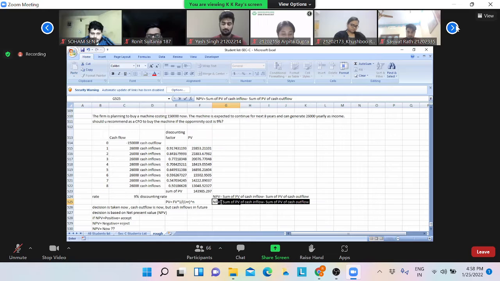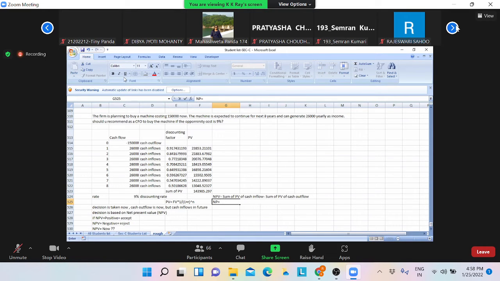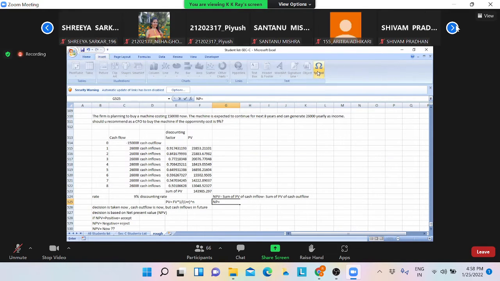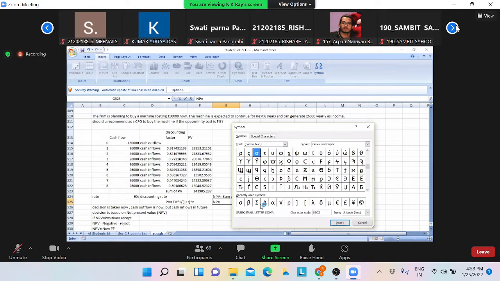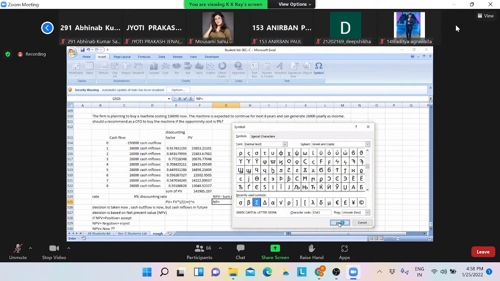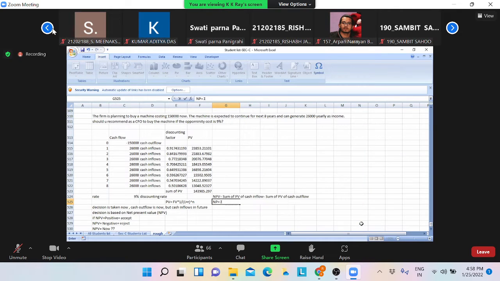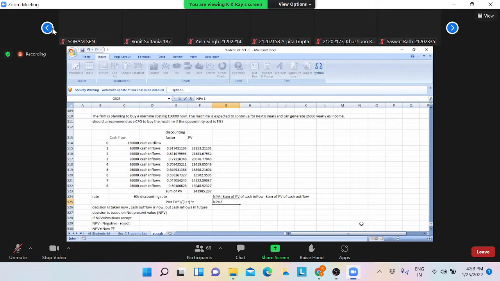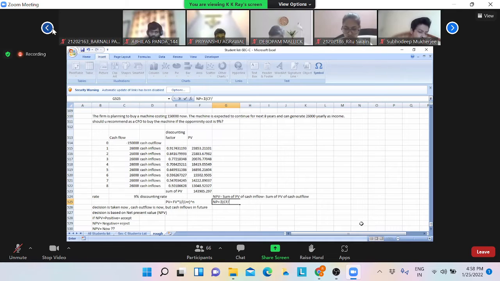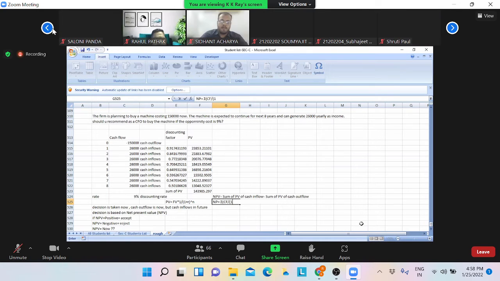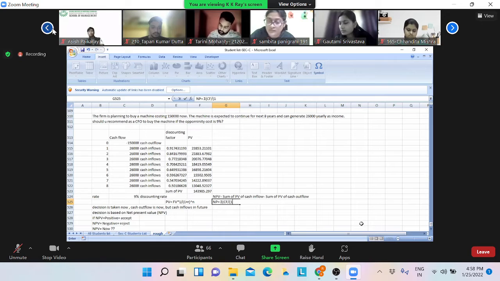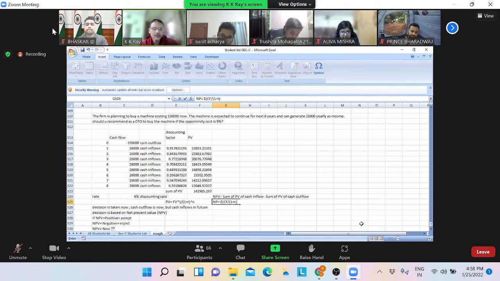In formula terms, I'll insert a sum total figure: sum total of CF divided by (1 plus r) to the power n, minus the present value of cash outflow.